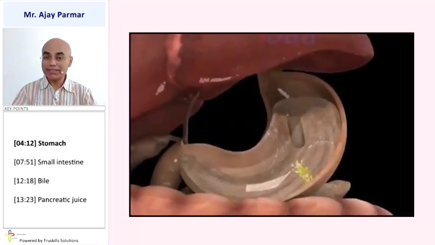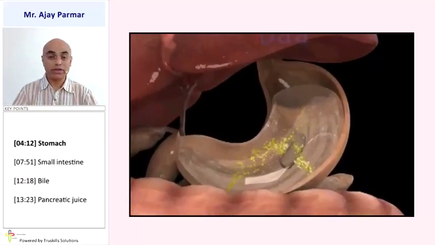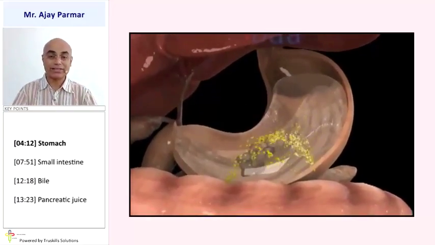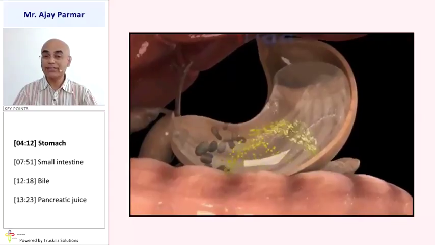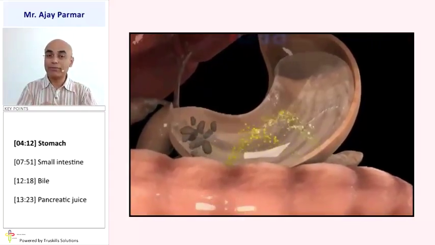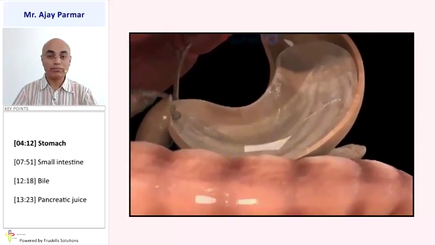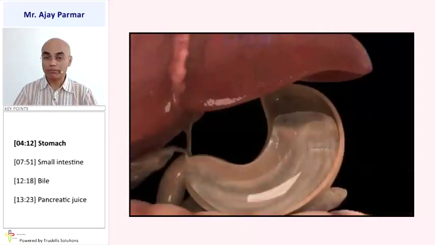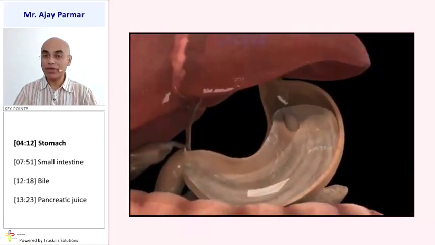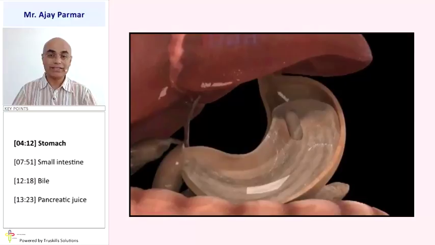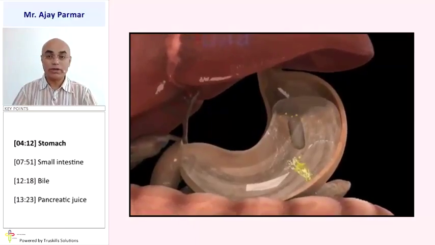When the food bolus enters the stomach, the secretion of the gastric juice takes place inside the stomach, breaking that food particle into a simpler absorbable form. Now that is necessary because the HCl is necessary for its own purpose.